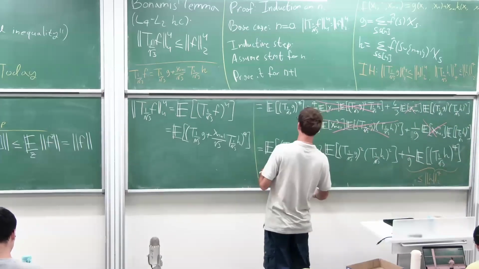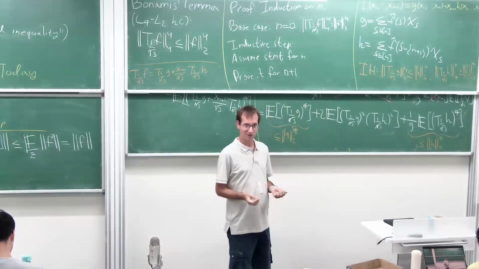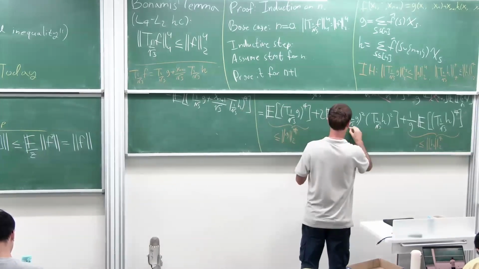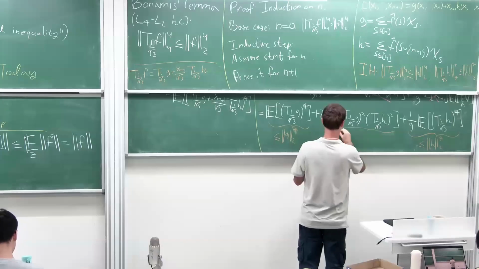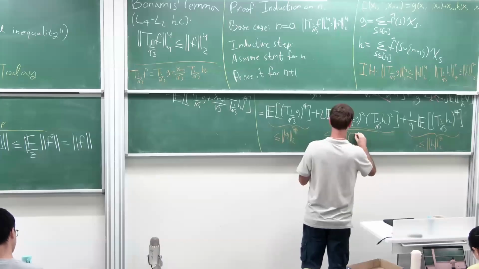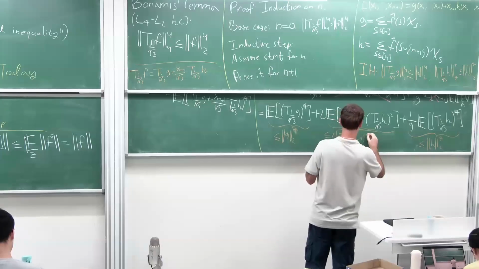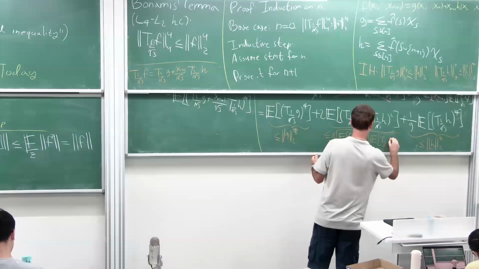For this term, we can apply the Cauchy-Schwarz inequality, which is the only inequality that you ever used, right? So this is at most the square root of the expectation of (T_ρ g)^4 times the expectation of (T_ρ h)^4.